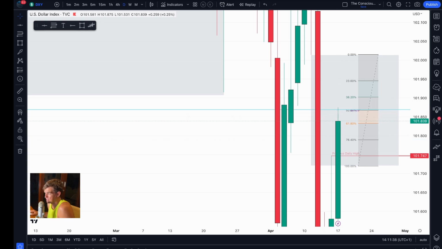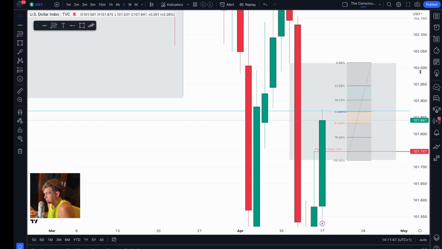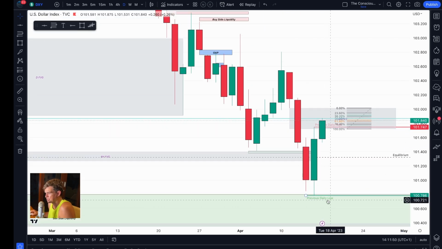Now let's see if that's going to close. This is on the daily, so obviously anything below is going to indicate a fulfillment of the fair value gap and continuation down.